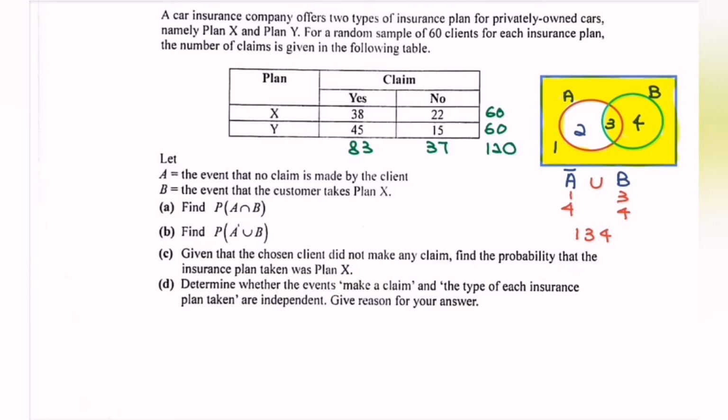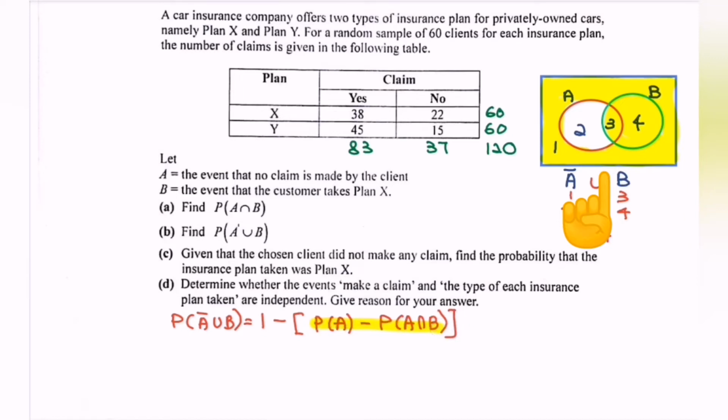So here we have the probability that A complement union B, which equals 1 minus the probability of A minus the probability of A intersect B. This part is actually equal to region 2.